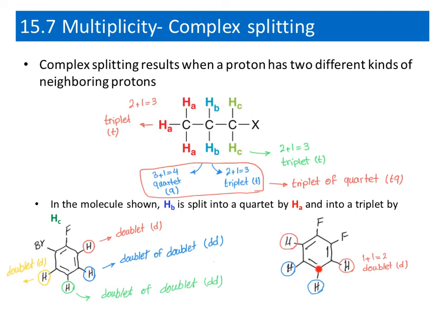On the neighboring carbons, we have one red hydrogen here and another blue hydrogen on this carbon. Since the blue hydrogens are exactly the same, they have the same chemical environment, they cannot split one another. Therefore, we only need to consider the red hydrogen. So we have one red hydrogen, 1 plus 1. We expect to see a doublet for the blue hydrogen as well.